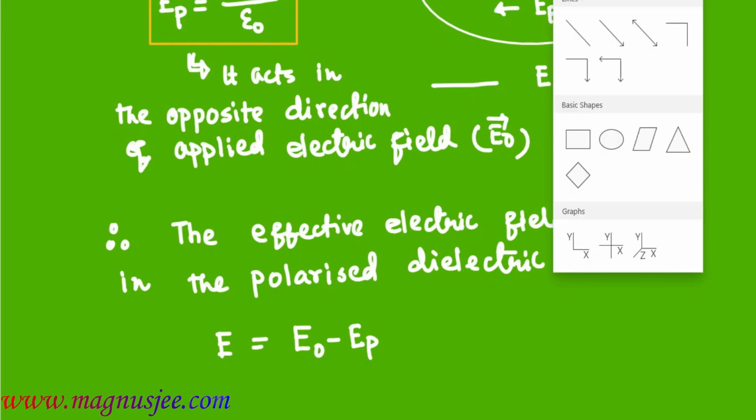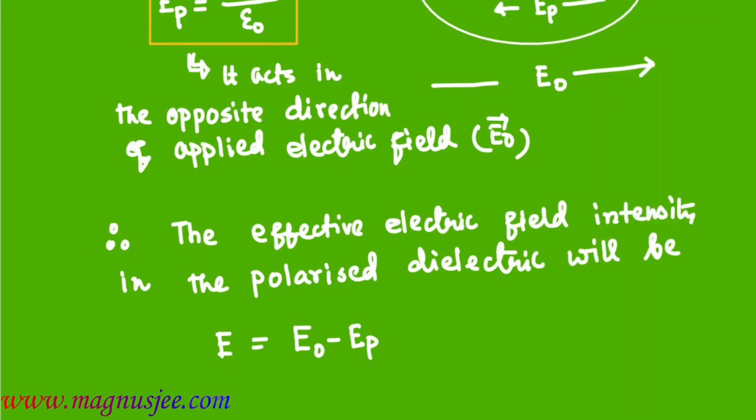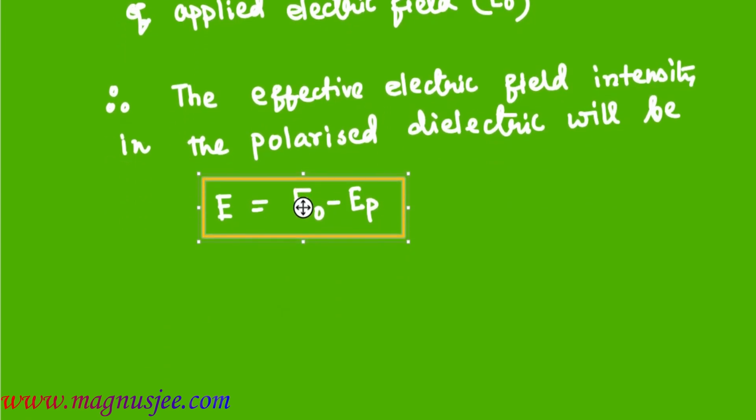That is the net or effective electric field intensity acting in the polarized dielectric material, which acts in the same direction as the applied electric field E0. That means vector E is parallel to vector E0.